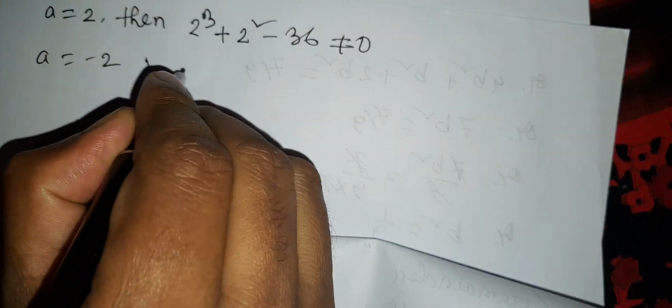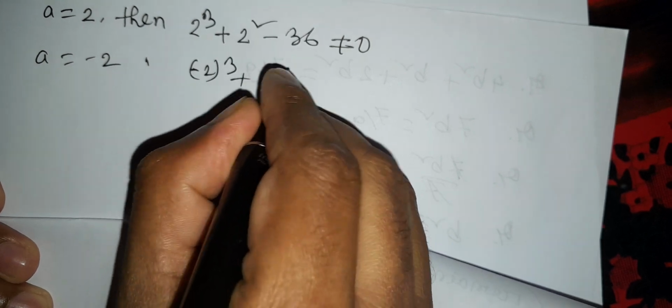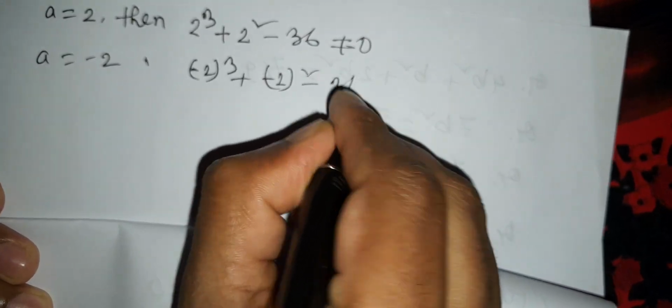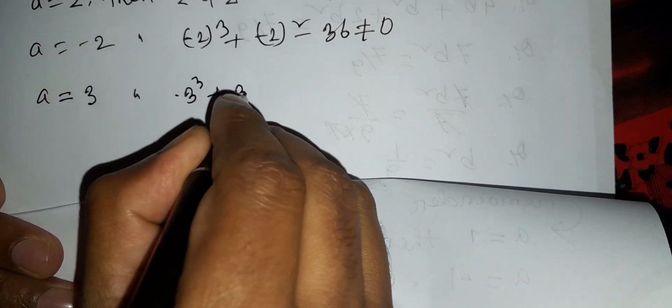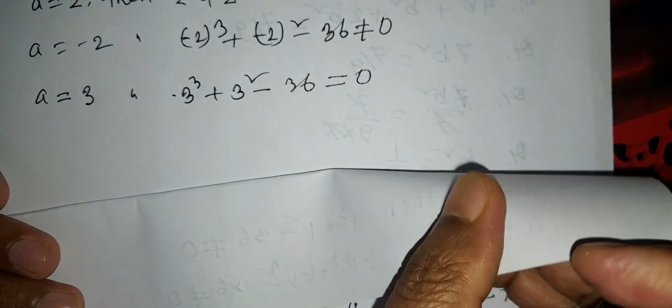Minus 2, then minus 2 whole cube plus minus 2 whole square minus 36 is not equal to 0. So a equal to 3, then 3 cube plus 3 square minus 36 equal to 0.